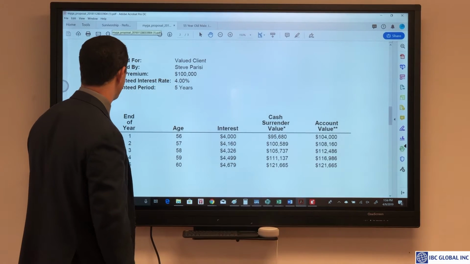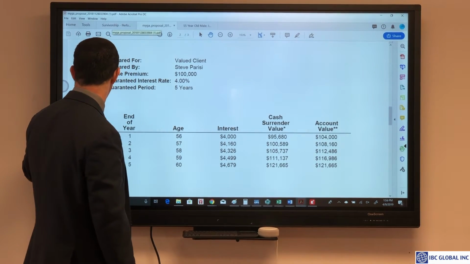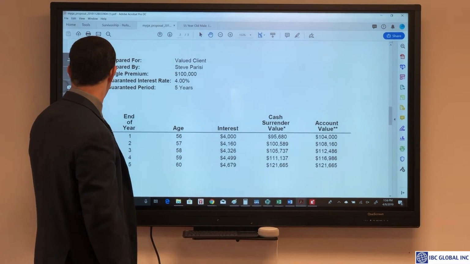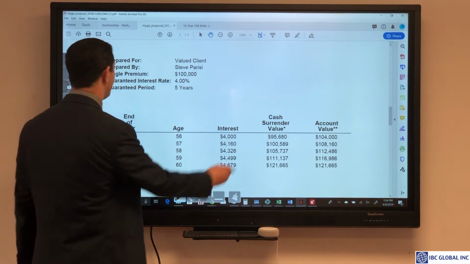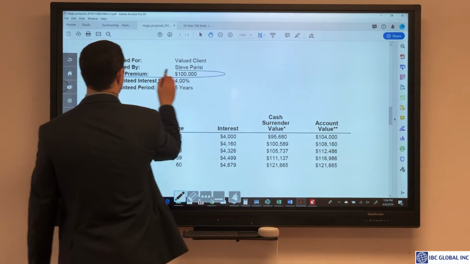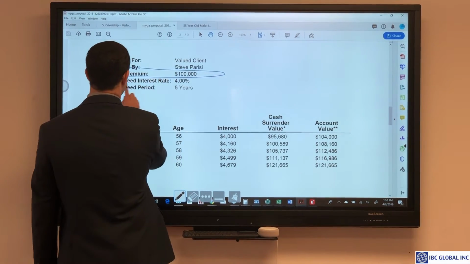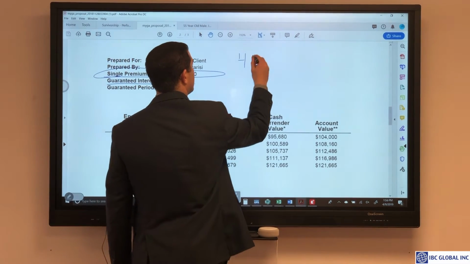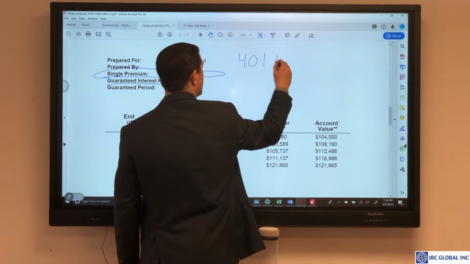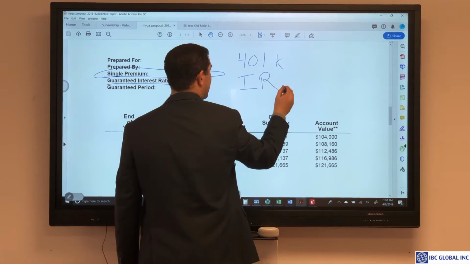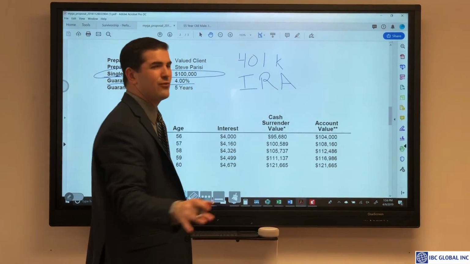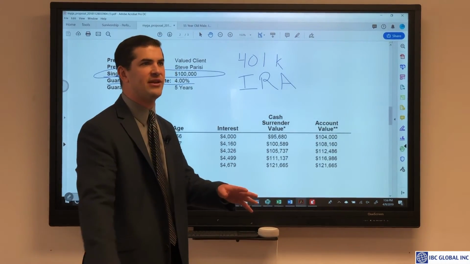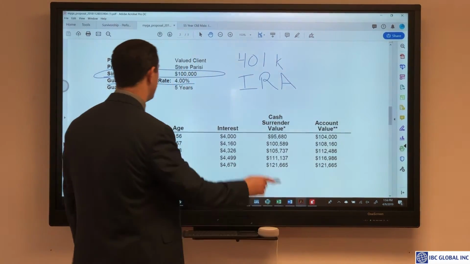Here's a similar situation, 55-year-old male. Wrong button, right? Same $100,000 deposit. This is pretty straightforward. Guaranteed interest rate of 4%. So if I've got a 401k, or I've got an IRA, I'm tired of risk, hey, just put it somewhere safe where I don't have to think about it, or I'm going to access it maybe when I'm 59 in 5 years, or I'll continue just to roll it over.